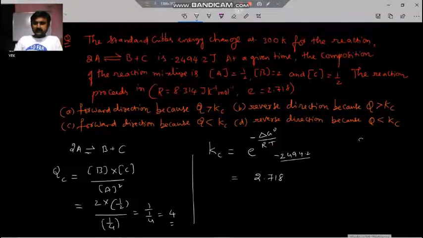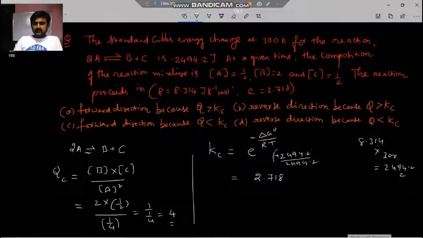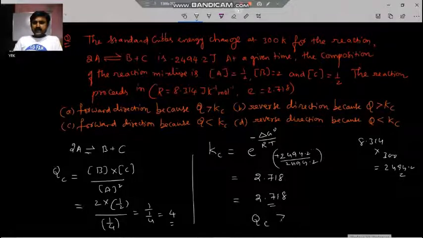We have R value 8.314 into 300; exactly its answer came 2494.2. That we can write here. The minus of minus is plus here, 2494.2. Exactly they cancel. So the Kc value is 2.718. From this, what we can understand is that Qc is greater than Kc. There is no doubt at all.